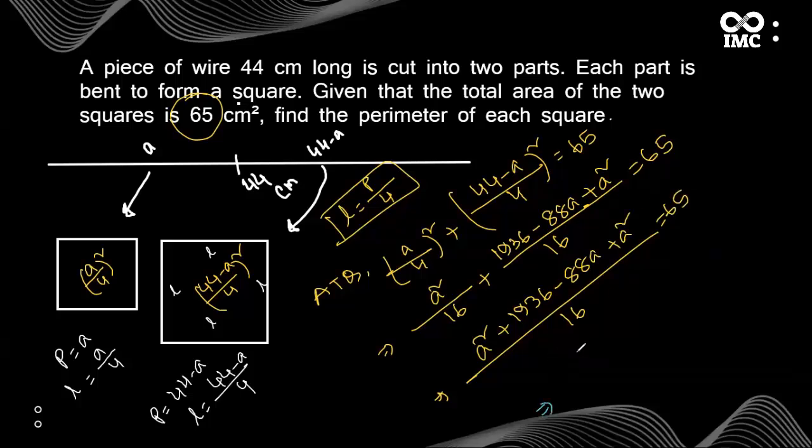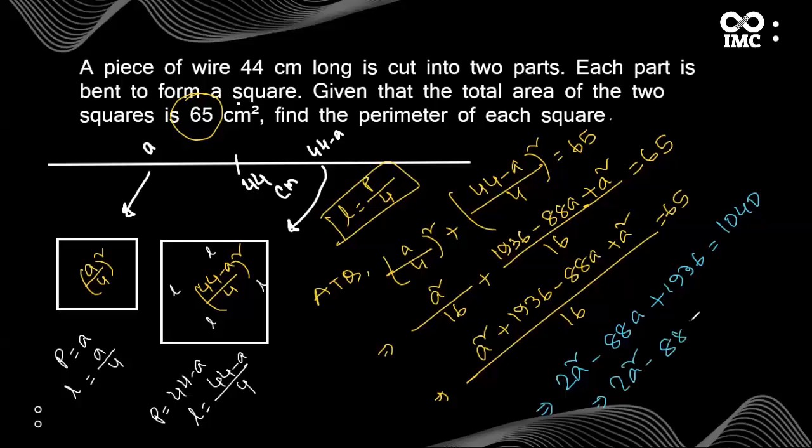A square plus A square will be 2A square minus 88A plus 1936 equal to 65 multiplied by 16. So 65 multiplied by 16 will be 1040. We will get 2A square minus 88A plus 1936 minus 1040.